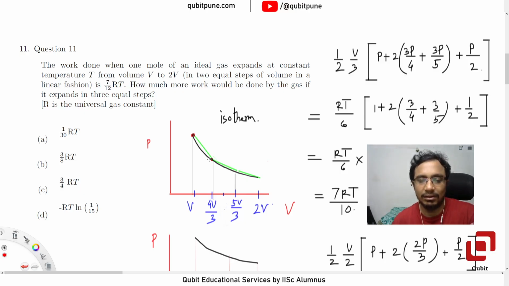What does that mean? It is written 2 equal steps of volume in a linear fashion.